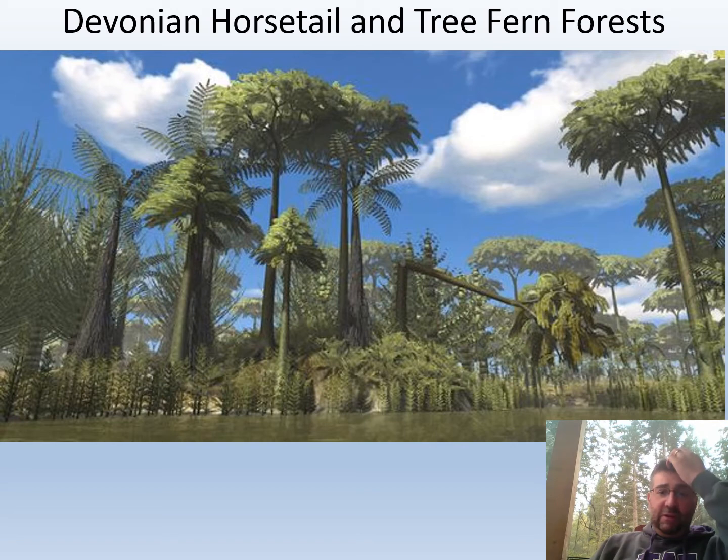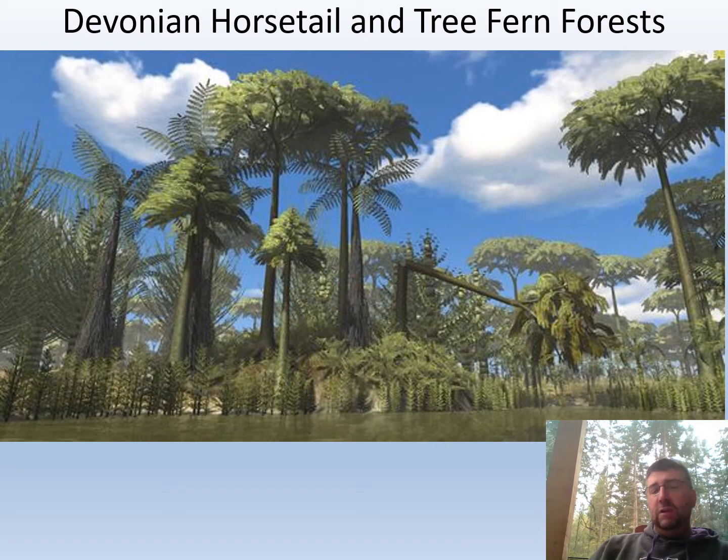Now, back in the ancient days, the first forests, if you will, were in the Devonian era, and we didn't have the modern flowering trees and conifers that we have today. They were forests of horsetails and tree ferns, and these forests basically were limited in height to about 30 feet. That was the highest that you could possibly get water to go up. And so these were the early forests.